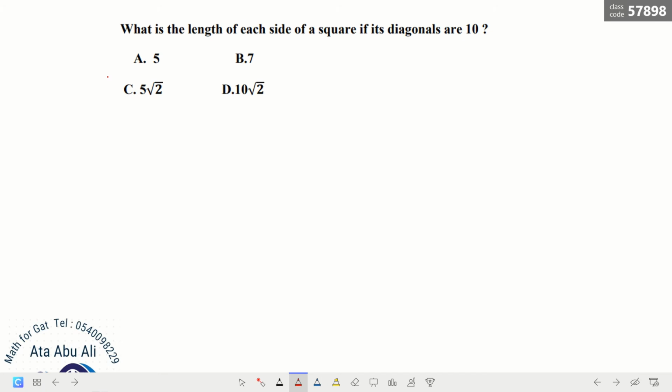Now here, what is the length of the side of a square if the diagonal is equal to 10? As you see, I have a square, and this is the diagonal. That means this is equal to 10.